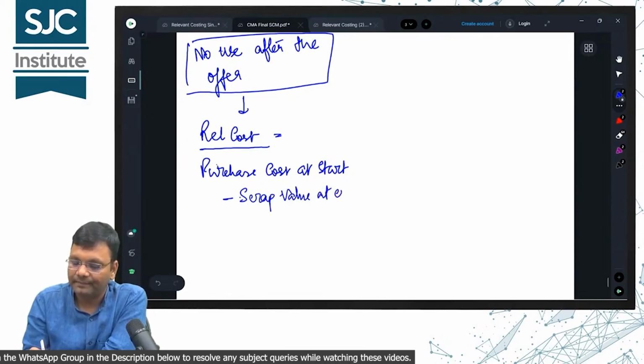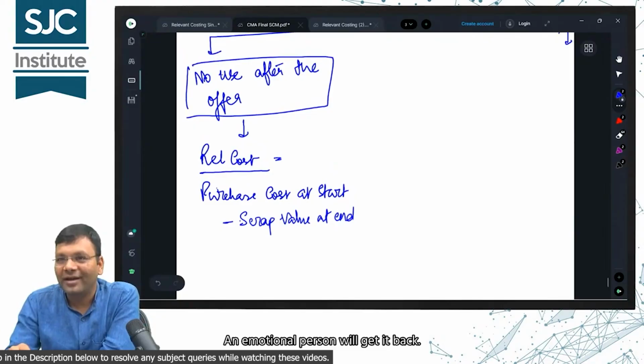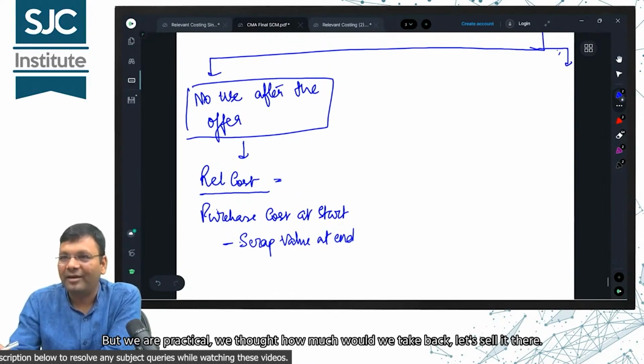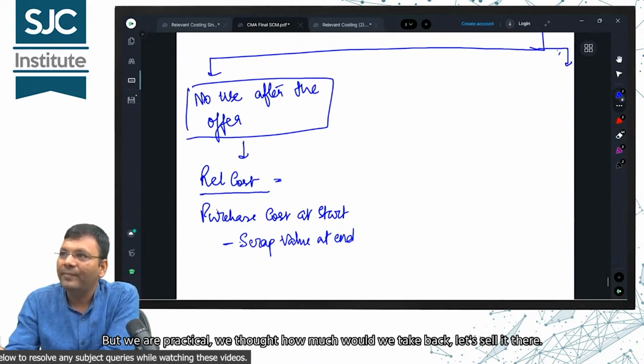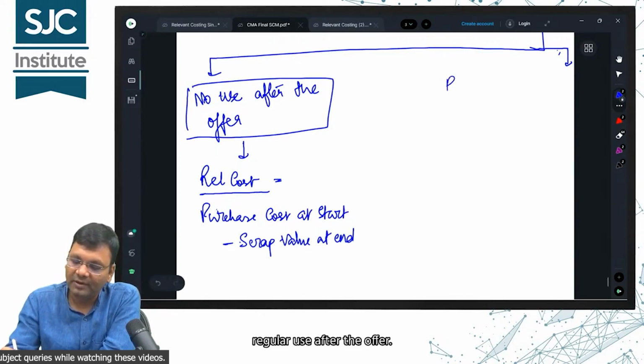We sold it and got scrap value. An emotional person will get it back, but we are practical. We thought, how much would we take back? Let's sell it there.